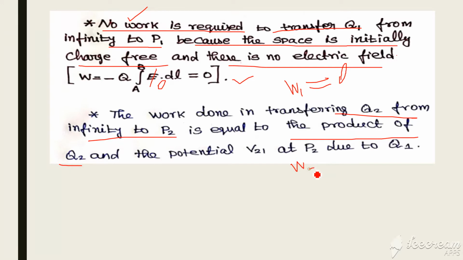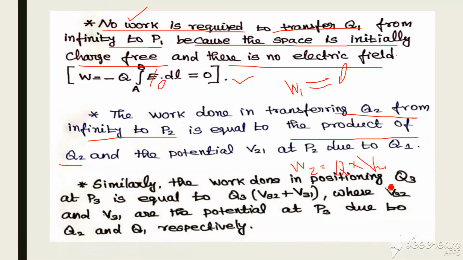So W2 is nothing but the charge Q2 multiplied with the potential at P2 due to P1, that is V21. This is the W2 value.